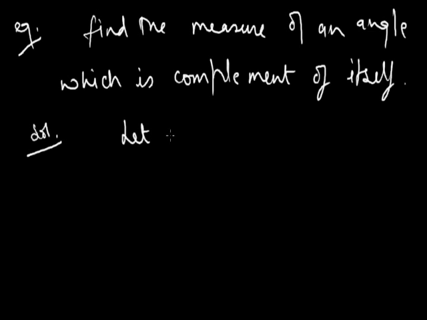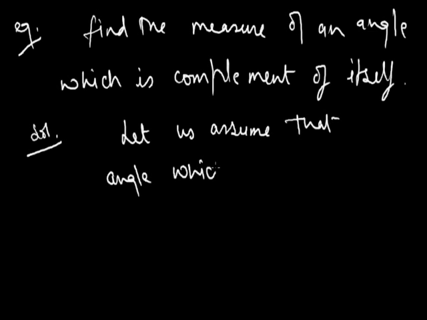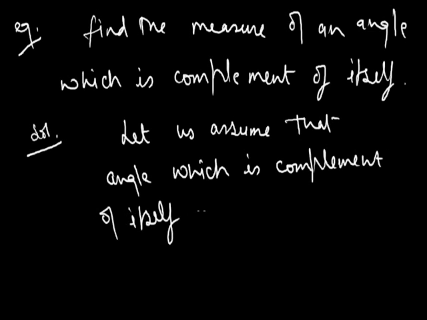The best way of solving these type of question is assume the angle which we have to find out as x degree. Let us assume that angle which is complement of itself is equals to x degree. Now the statement says the angle whose measure is x degree is complement of itself.